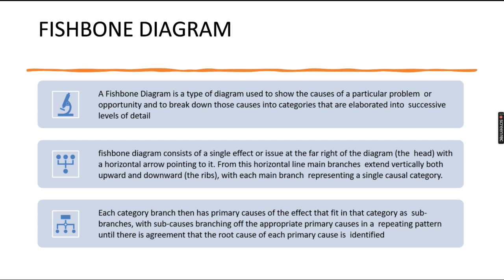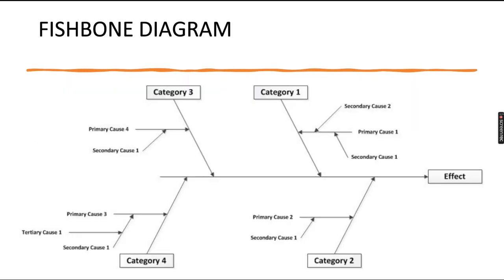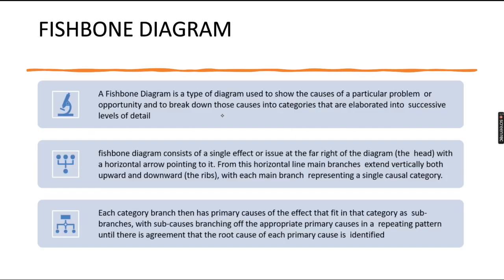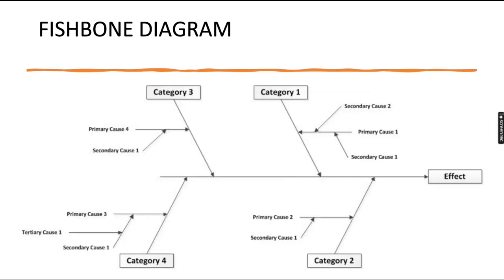Like we have to draw a diagram as shown next. We have to draw a line. This is our problem. So this type of line we have to draw from left to right, and this is the effect. Now we have to write the category. So this is my category number 1, and each category can have subcategories.